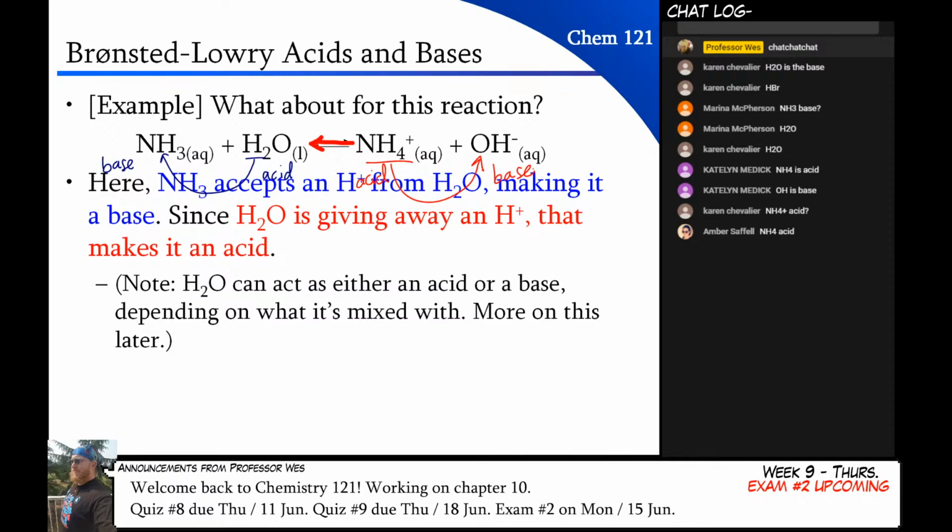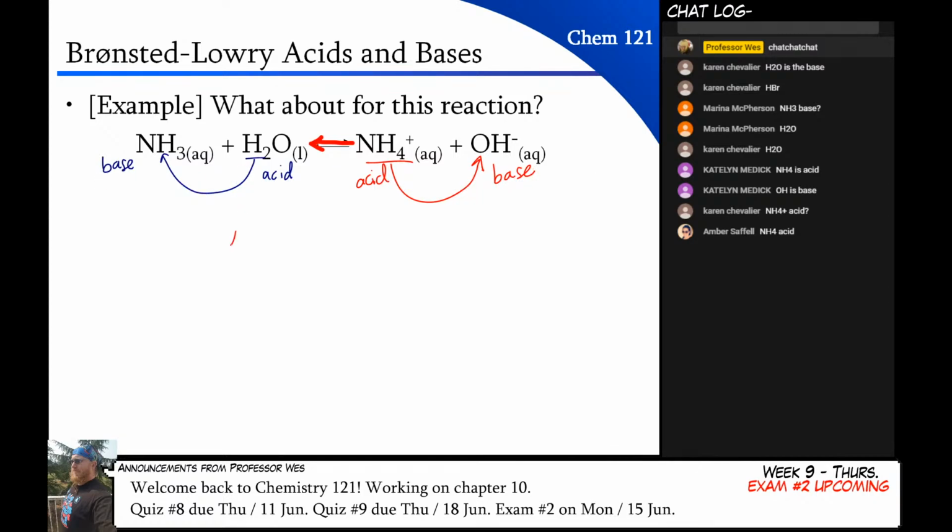In fact, if I go back to this previous slide right here, if I circle this thing right here, and then I compare it to what it becomes after the H plus has been added to it, because I gave it H plus, these two things differ by just H plus.